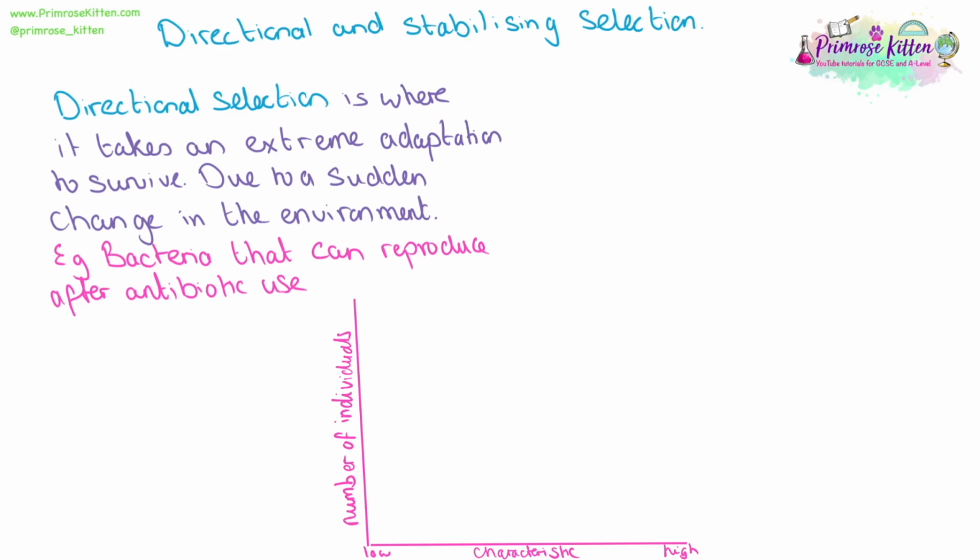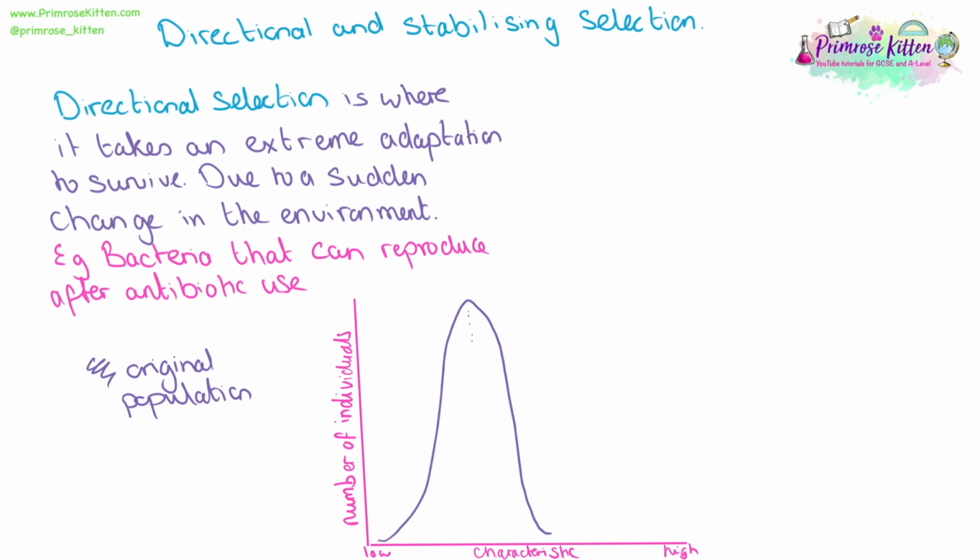Here we have a graph, and we can see that there is a low incidence of this characteristic or a high incidence of this characteristic and the number of individuals. So if we are thinking about ability to reproduce after antibiotic use, these individuals would be highly likely and these individuals would be very unlikely. In the original population, you can see we've got a bell curve with a mean at the middle.